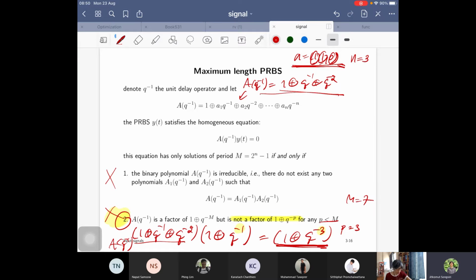To verify this example, you just multiply the polynomials the usual way, but the sum is modulo 2 operations. Let's multiply these polynomials.